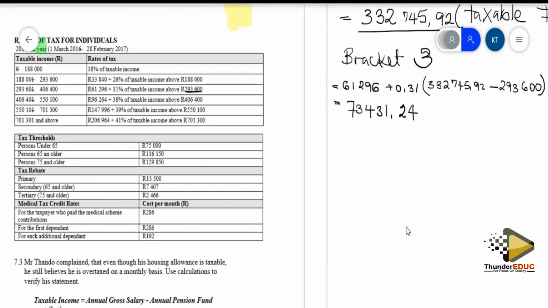24 cents. So now it's here that we need to subtract what we call the rebate. If the person pays medical aid, we subtract medical tax credits. We do not subtract the medical aid that he pays. We subtract medical credits.